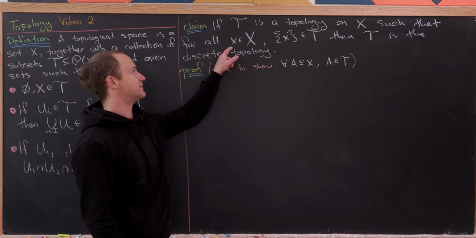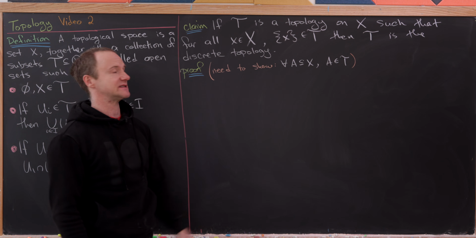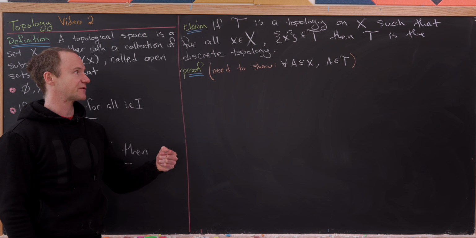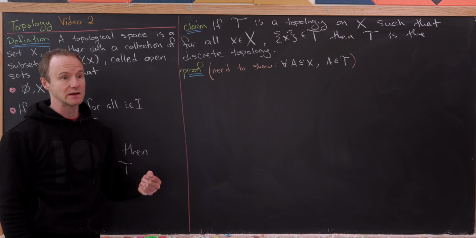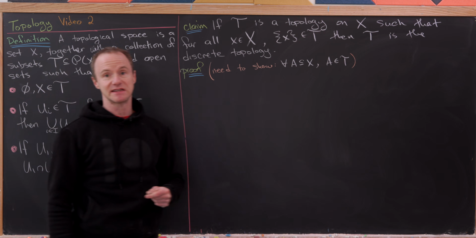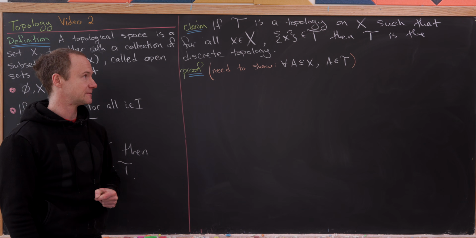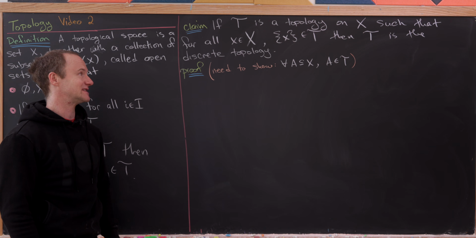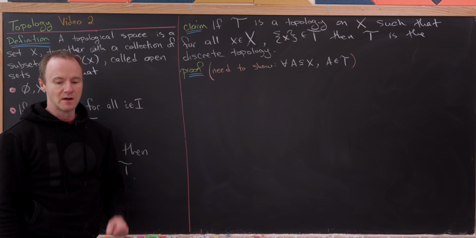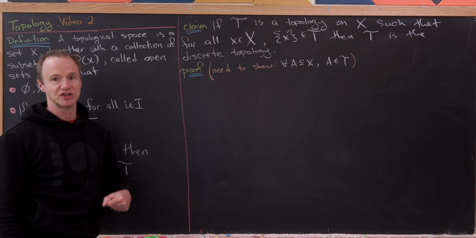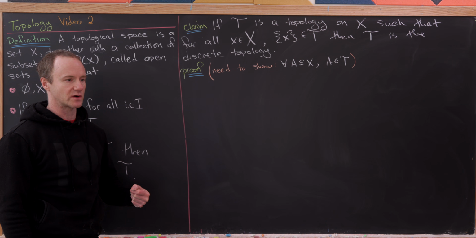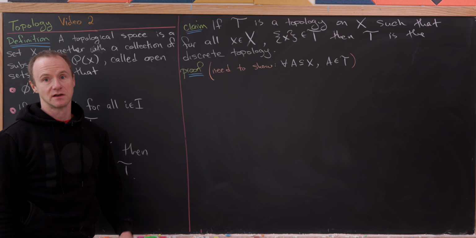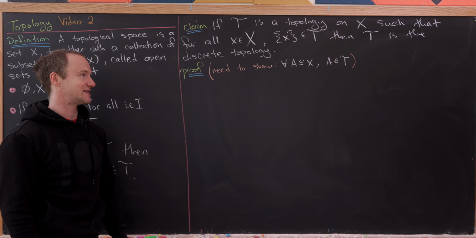Every singleton built out of an element of X is an element of the topology. In other words, we take an element little x from X, and we form the singleton containing little x. Then that singleton is an open set. Then if that condition is satisfied, the topology is in fact the discrete topology. But let's recall, in the discrete topology, every set is an open set. In other words, every subset of X should be inside of that collection of subsets, which we're calling T.